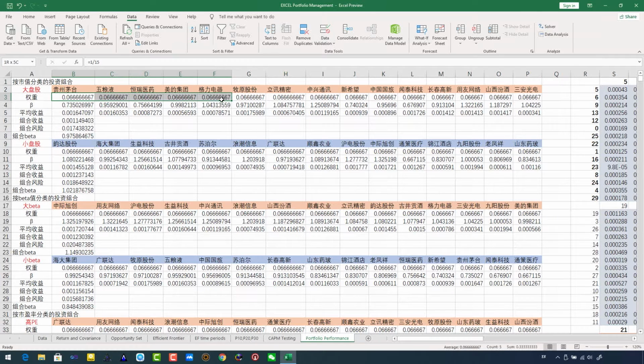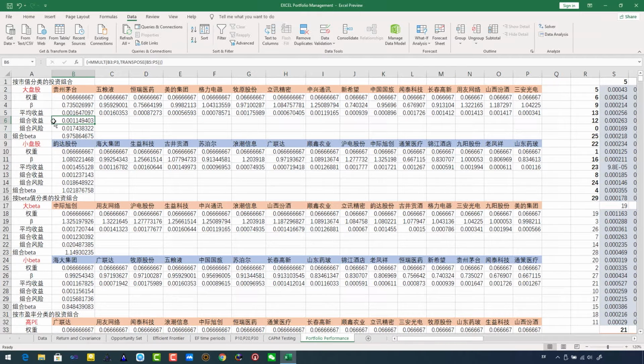And each stock we give equal weight. So keep it simple, I just use the equally weighted. And I also just write down the beta for each individual stock and the average return for each individual stock. I just give it to you.